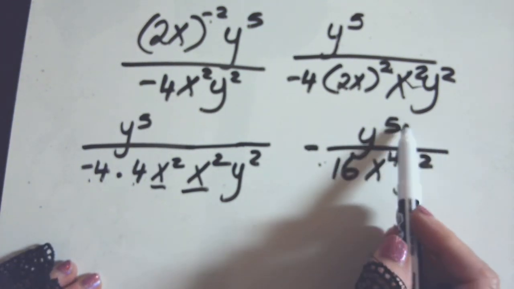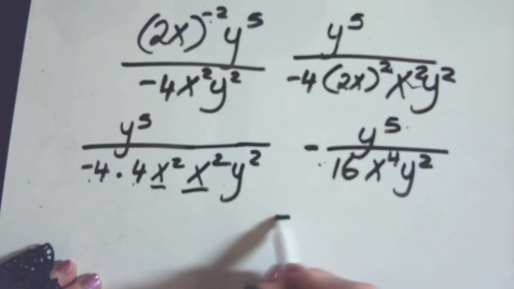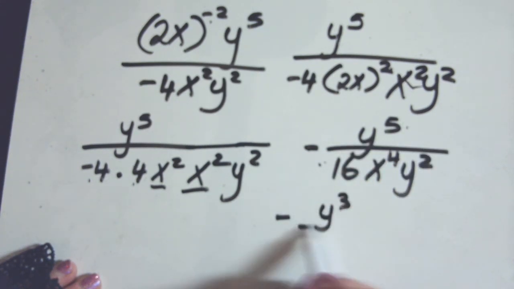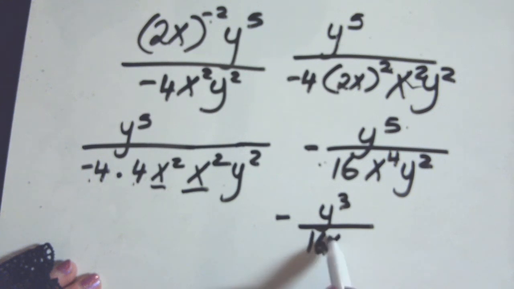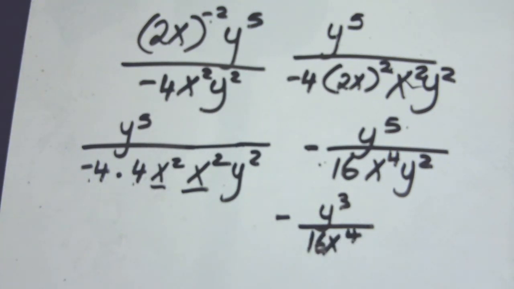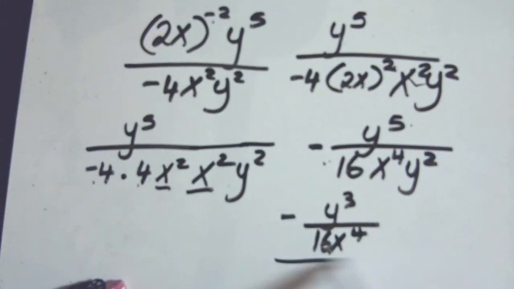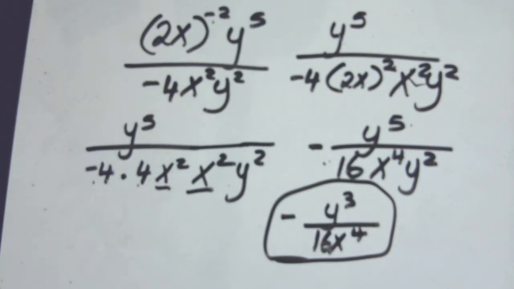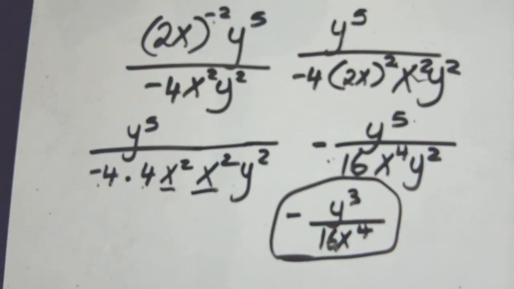But here you can see, you can take 2 from 5 and you're just going to have y to the 3rd. And then on the bottom you've got 16 x to the 4th, and that's it. It's going to be simplified just down to this. So look at that. You can see how I did it step by step, and that's what you're going to have to be able to do. So they're combining all these rules together now.